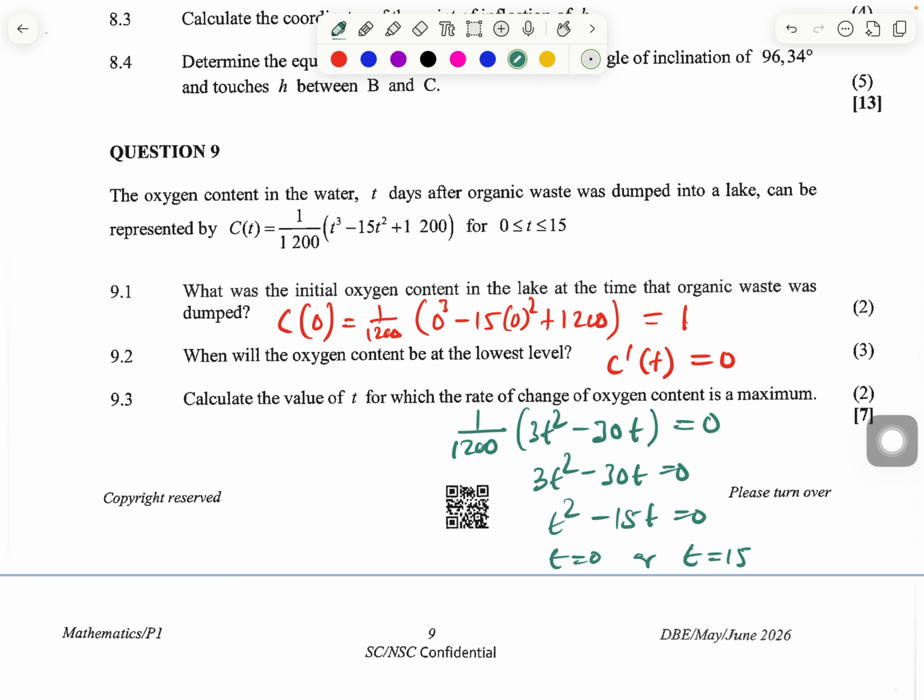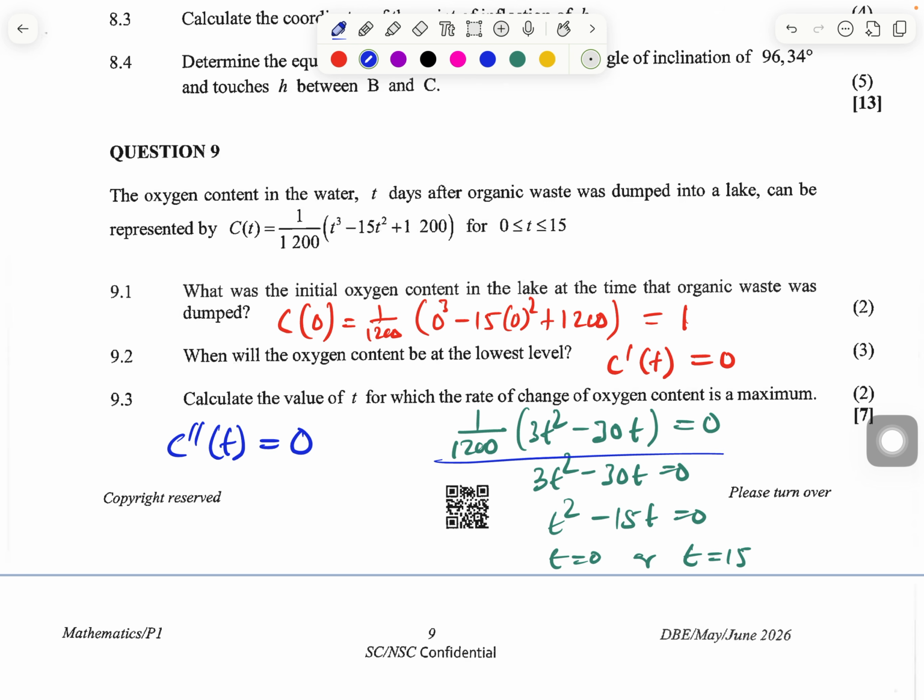Now, the next question, they say calculate the value of t for which the rate of change, which is the first derivative of oxygen content, is a maximum. That means you want the value of t for which the first derivative is maximum. Maximum means the derivative. That means now you're going to derive that particular function for the second time, set it equal to 0, and then you solve for t.